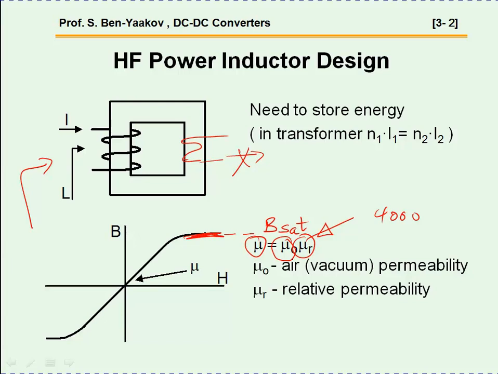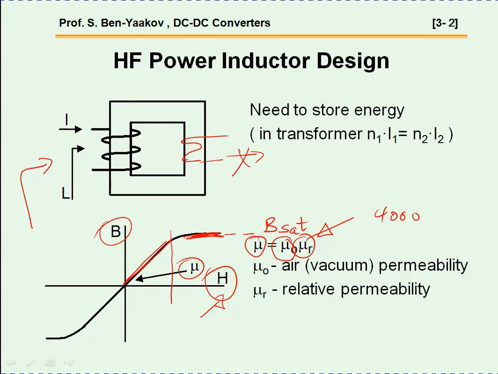That is, if you look at the BH curve, it is pretty much a straight line. The slope of this curve is this permeability. And once it gets to a certain magnetic field strength, H, it starts saturating.